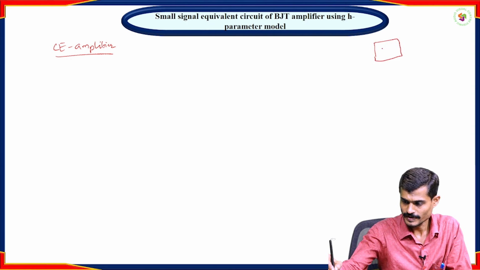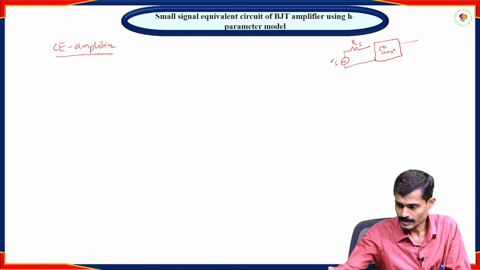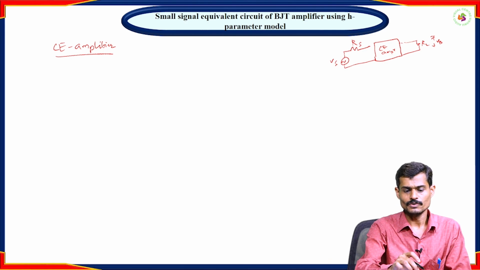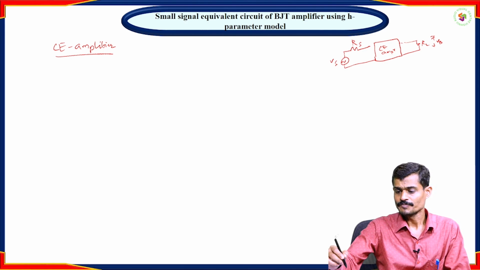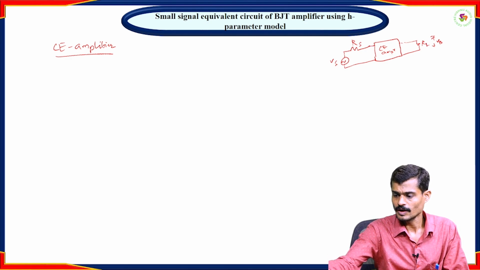A transistor in CE configuration has some input: I am giving input through VS and source resistance RS, and taking the load across RL. This is my output V0.